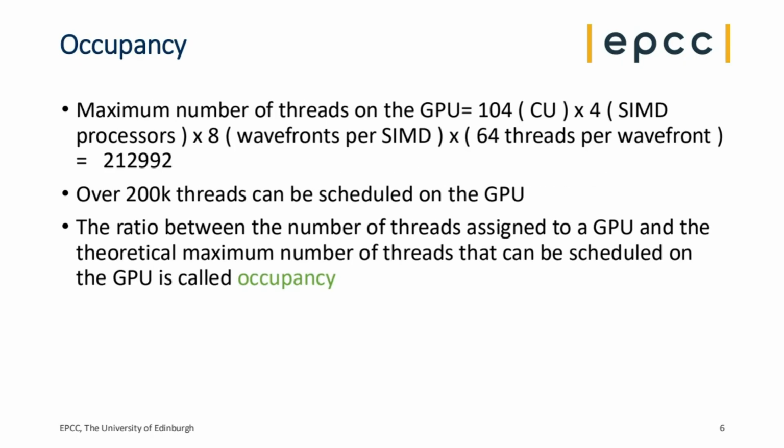So in total, if you're thinking of your 64 threads per wavefront, you can have 32 of those wavefronts scheduled on a single compute unit, and then there are 104 compute units on the GPU. In total, that comes up to something over 200,000 threads that can be scheduled and running on the GPU. So that's a lot of potential parallelism, and it's worth comparing with what you can achieve on the ARCHER2 compute node.